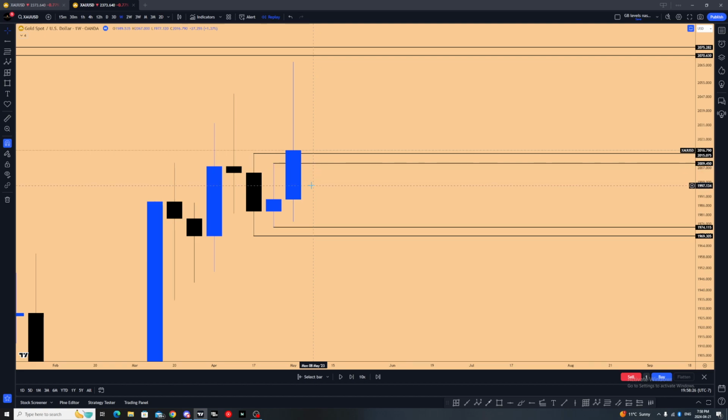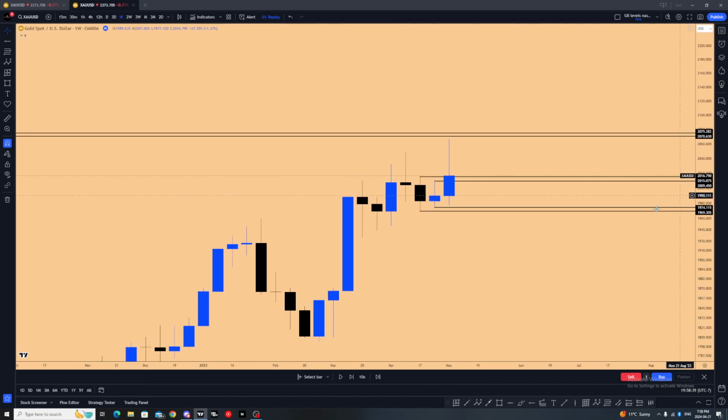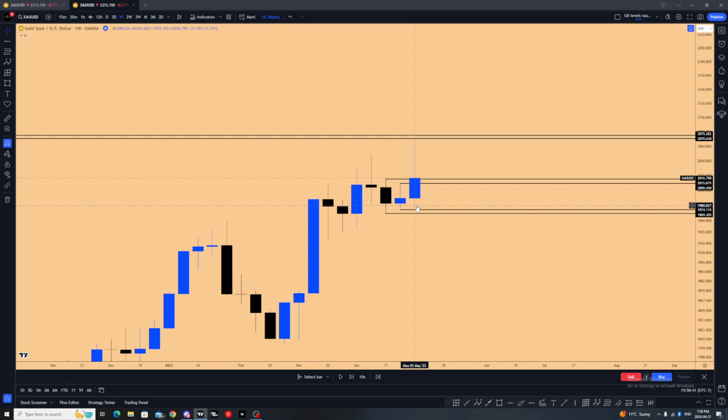So for the next weekly candle, is it going to go low or is it going to go up again once you see this close happen like this? I mean, the weekly candle closes like this. So we're anticipating what the next weekly candle is going to do.